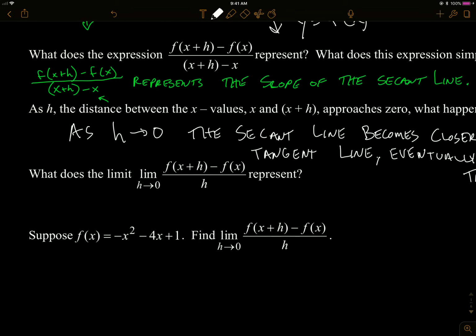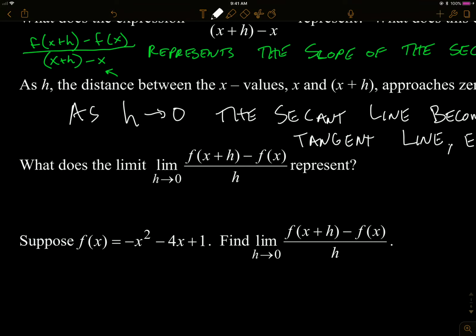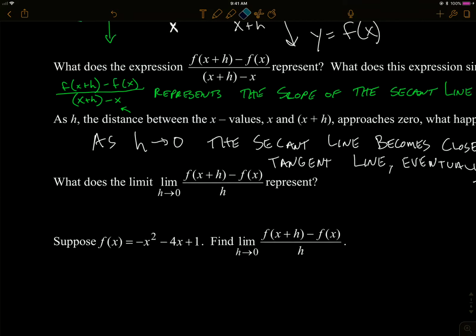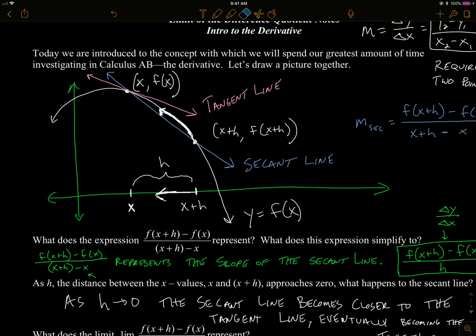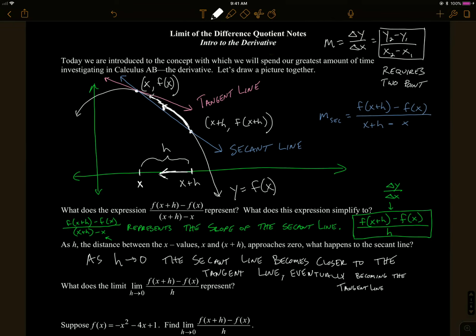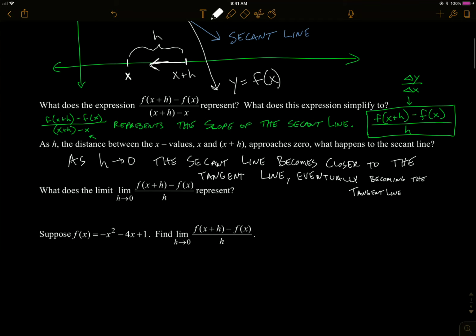Okay, as h approaches 0, what does that limit represent? Remember, this means slope. And now if I find the limit as h goes to 0, that means eventually, as this point gets closer and closer, it will lie on top of my desired point. That's when the limit, right? The limit as h goes to 0 means when you finally actually get there.